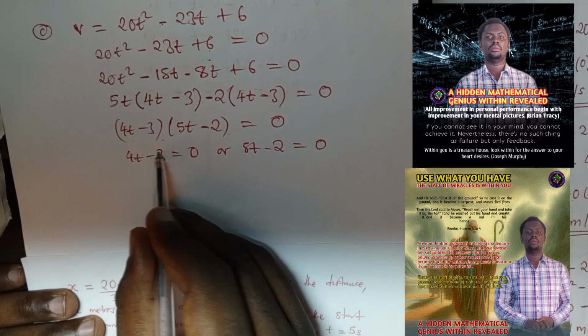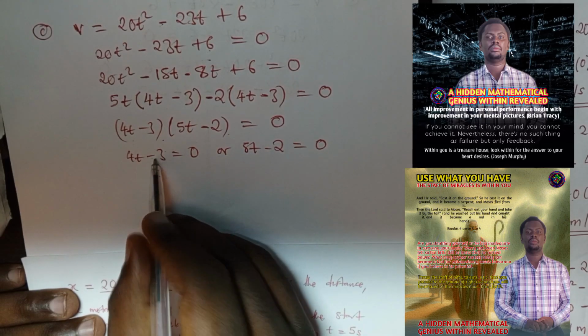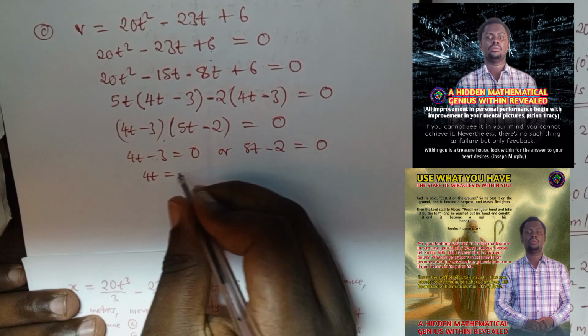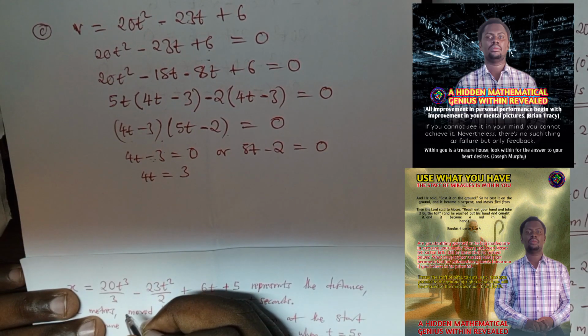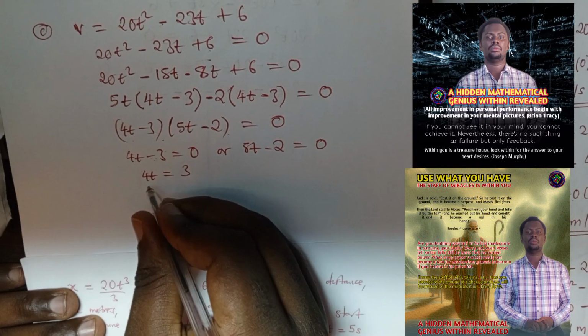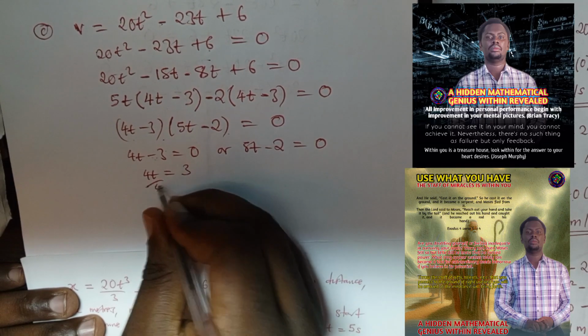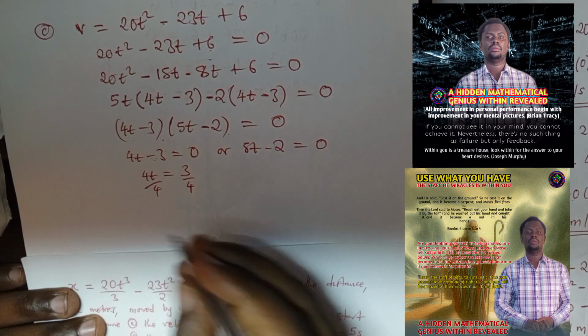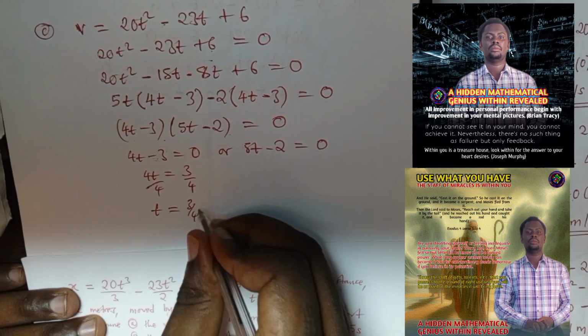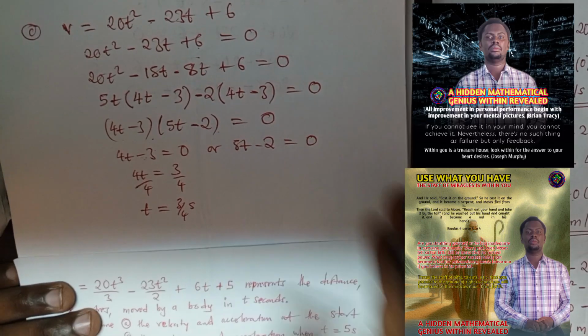The 3 will cancel out the minus 3. So we have 4t is equal to 0 plus 3, that is 3. Then for you to remain with t, you divide through by 4, so over 4 over 4. So t is equal to 3 over 4 seconds.